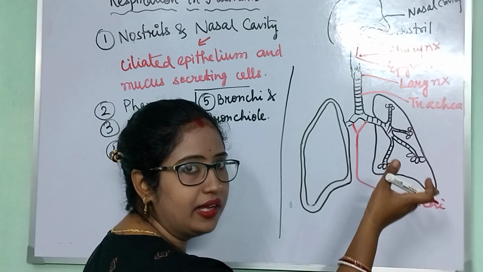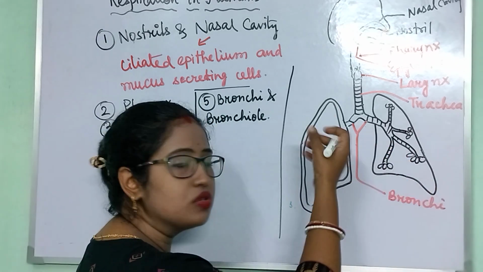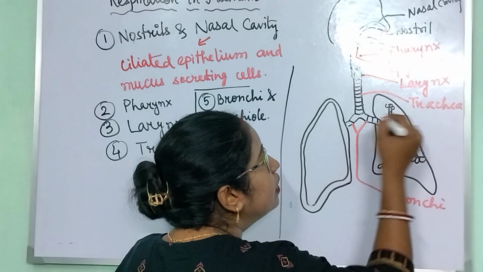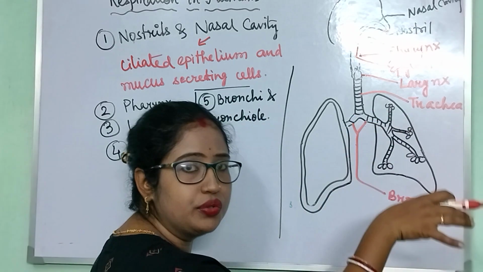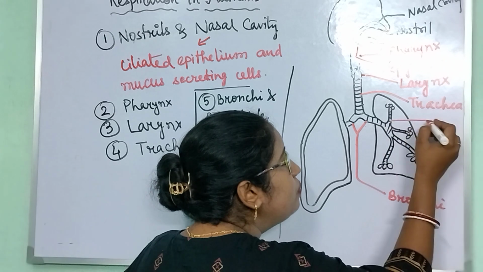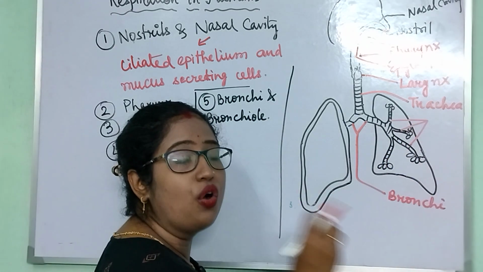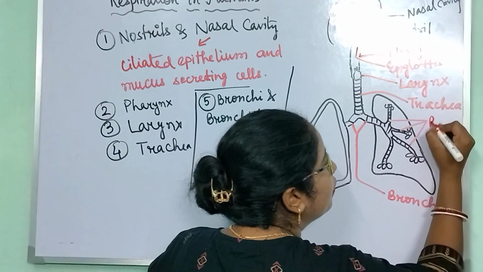This pipe also contains ring-like structures, and when the bronchi enter the lung, each divides into many parts. These smaller, tiny branching parts of the bronchi are known as bronchiole.